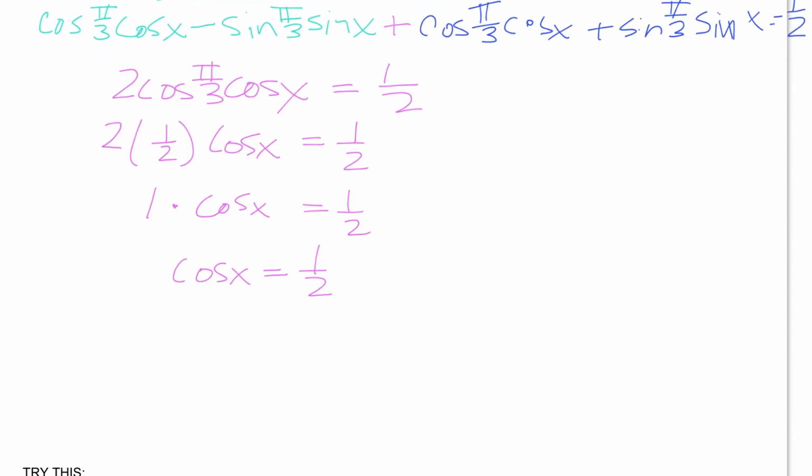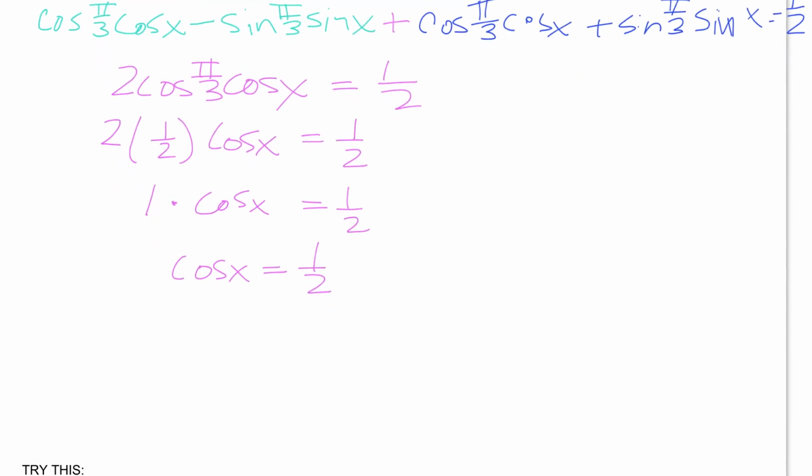So now what I want to do is figure out when the cosine is positive 1/2, and I'm looking to give all possible answers. So if I want to know when the cosine is equal to 1/2, I'm going to set up my triangle. And remember that the cosine is positive in the first and the fourth quadrants. So I'm not going to be here or here. If I set up my triangle, this would be 1/2, giving me 30 up here, and then a reference angle of 60 degrees, which means I'm talking about pi over 3's.